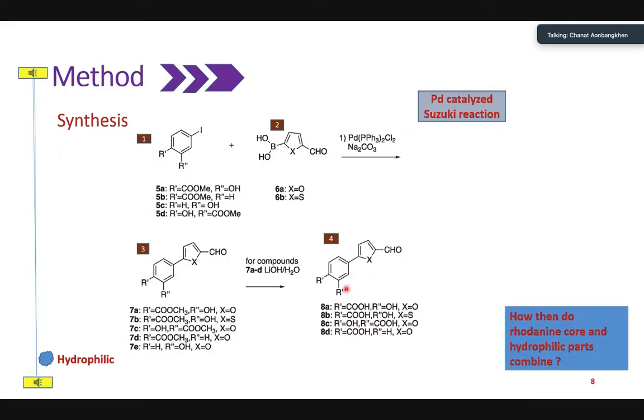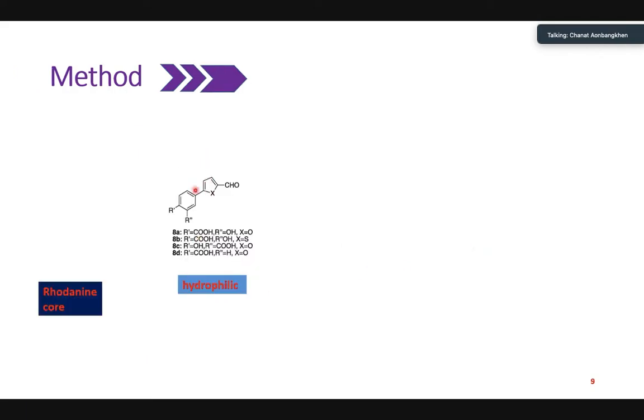Now we can ask, how then can we combine the rhodamine core with the hydrophilic part in order to have the rhodamine scaffold? The hydrophilic part that has just been synthesized can be reacted with the rhodamine core through Knoevenagel reaction.